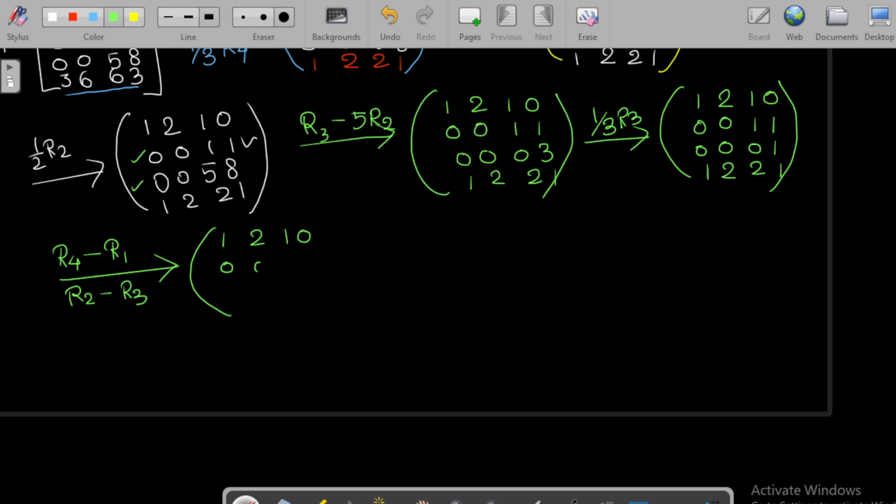It becomes 0 0 1 0, and the third row remains unchanged, 0 0 0 1. Now the fourth row, with R4 minus R1, becomes 0 0 1 0.